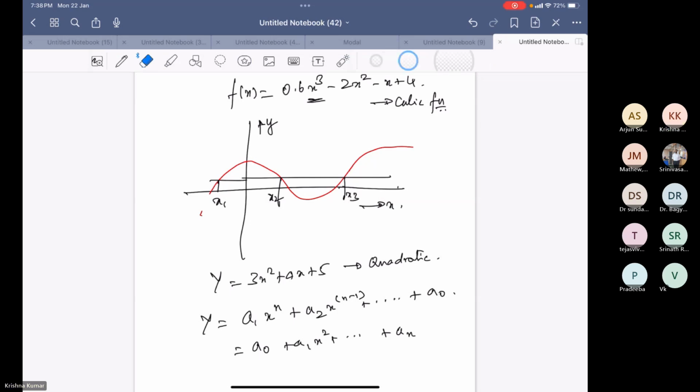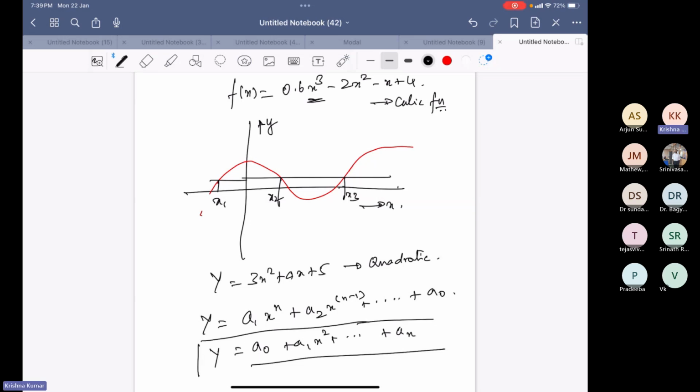There are various ways of writing it, but nevertheless, this is more common, to write a naught plus a1 x plus a2 x squared plus a3 x cubed, and so on.